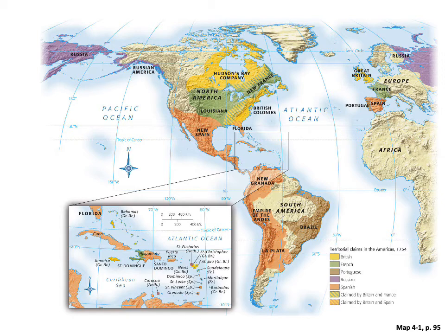And then we can see along the eastern coast of North America, the British colonies, and to the west of them in green, the French colonies, running all the way up into Canada, down all the way to parts of Texas, New Orleans, an extensive area.